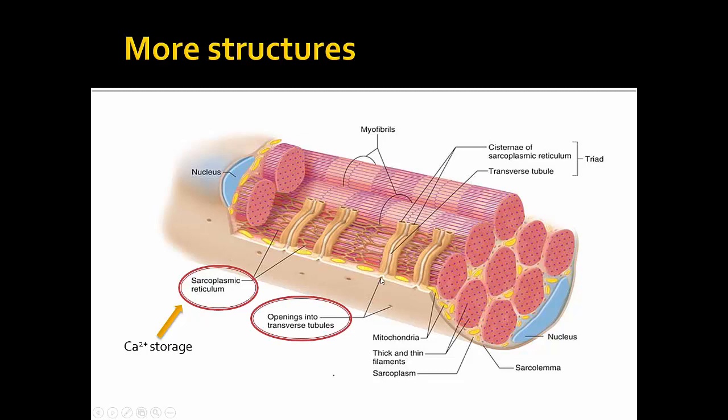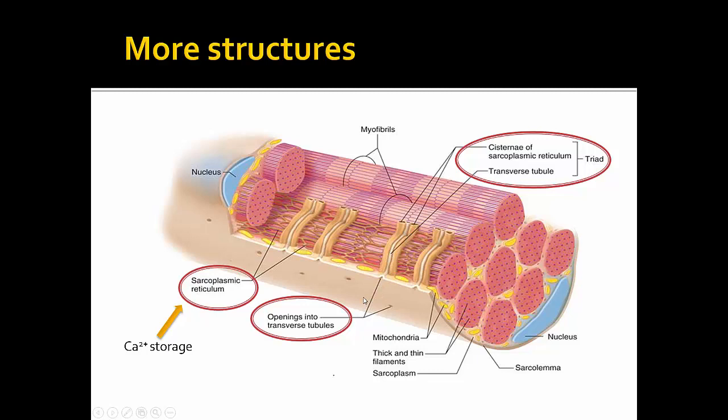You have transverse tubules, another important structure, especially important in this triad area. The transverse tubules run through the center of the edges of the sarcoplasmic reticulum, also called the cisternae. So it's like a triad: the transverse tubule in the middle and the two cisternae of the sarcoplasmic reticulum abutting it. In this triad region, when a signal for the muscle to contract is sent into the muscle, it travels along the transverse tubules.